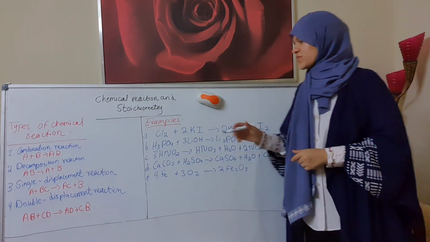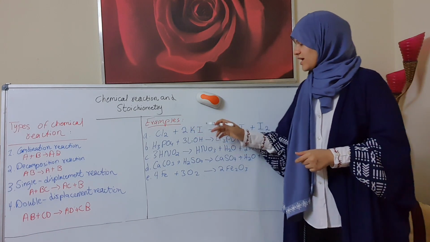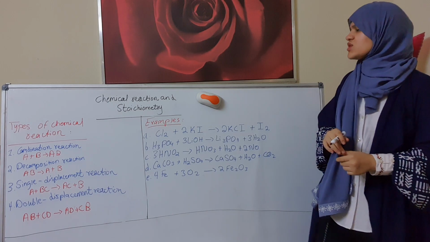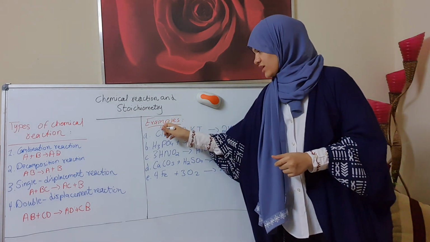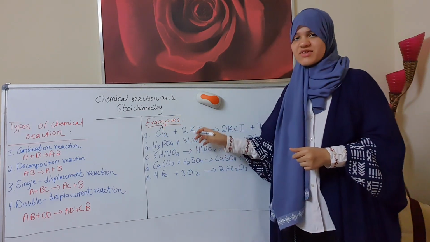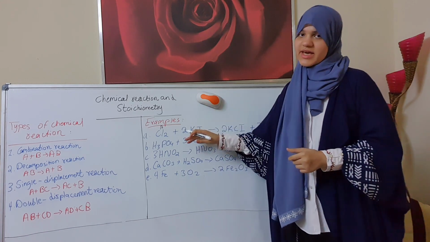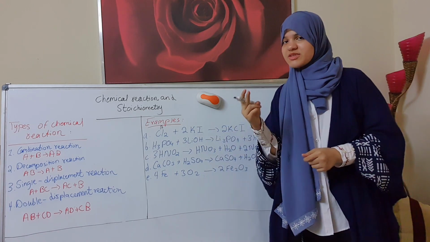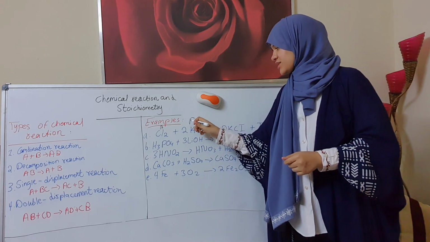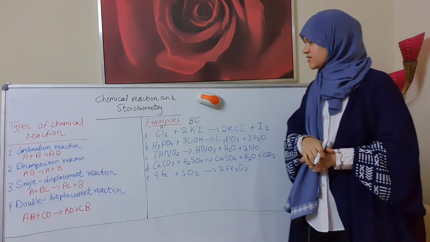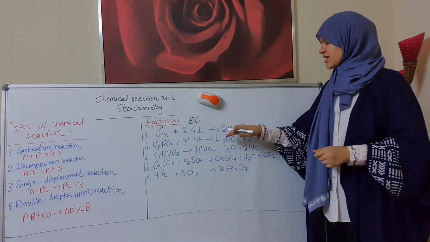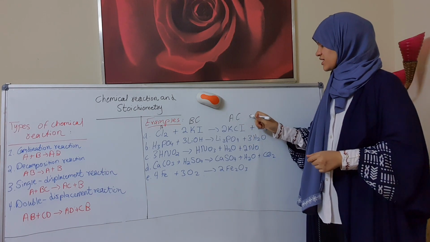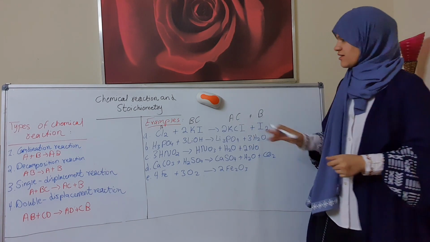First of all, Cl2 plus 2KI will give us 2KCl plus I2. What do we have here? A, one element. And 2KI: K is potassium, I is iodine, so we have two elements, A plus BC. This will give us 2KCl plus I2, that means AC plus B. Right?